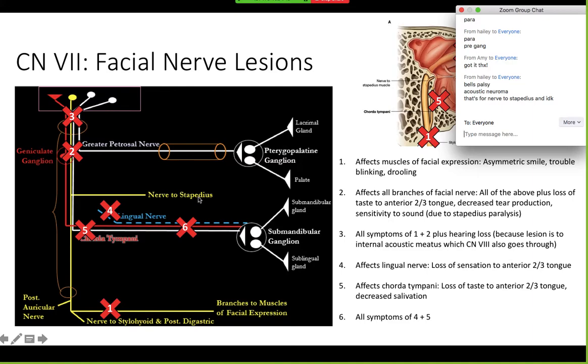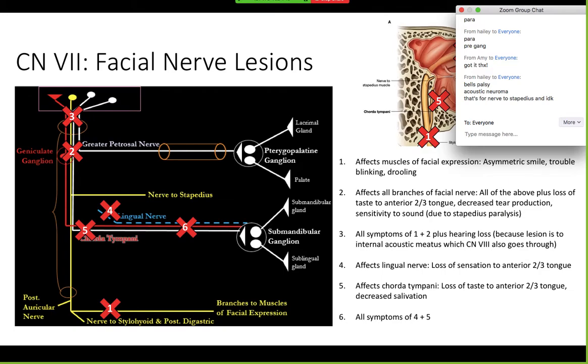So this nerve to the stapedius is not dampening those loud sounds. So they'll complain about being very sensitive to loud noises. And that's still talking about Bell's palsy. But if you have an acoustic neuroma, the patient is going to have hearing loss. So it has nothing to do with just loud noises, it's that they can't hear.